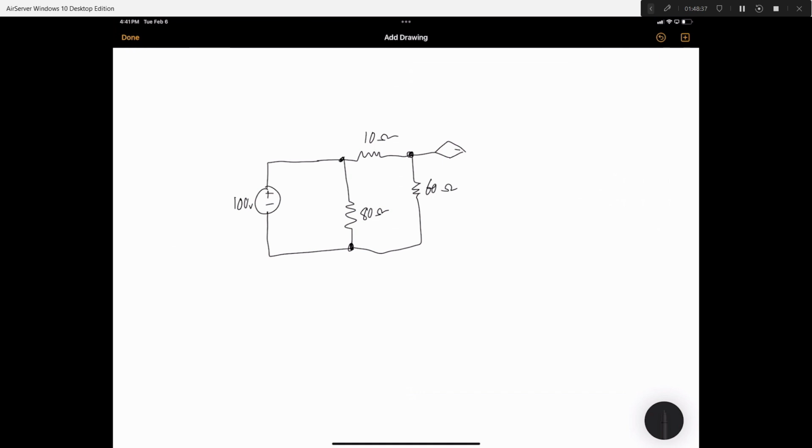Oh, it's cut off. Let me look at the video, see what it is actually. Okay, this is minus, this is a plus. 20 ohms, 30 ohms.